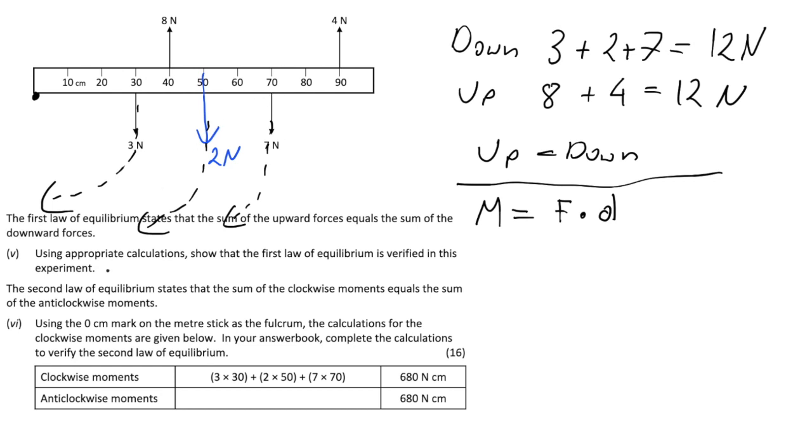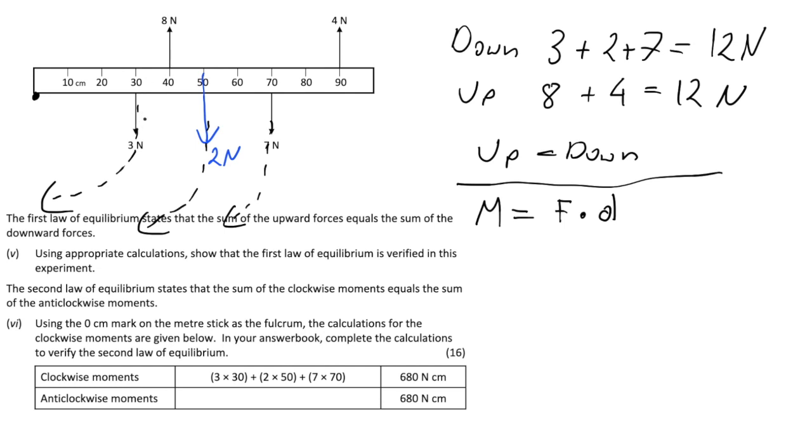So to calculate the clockwise moments, the examiners took the force of 3 newtons at 30 centimeters and used our formula to find that moment, adding the force of 2 newtons at 50 centimeters, 2 times 50, and 7 newtons at 70 centimeters.